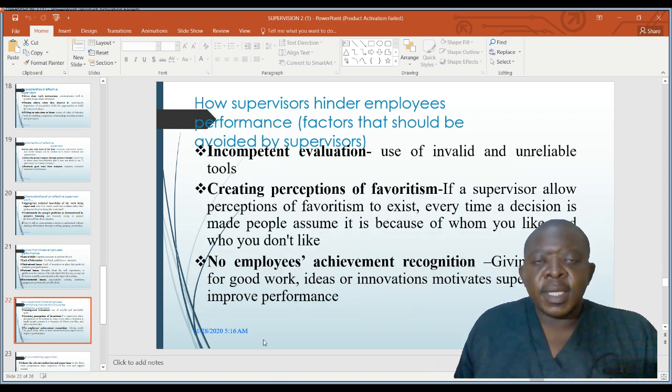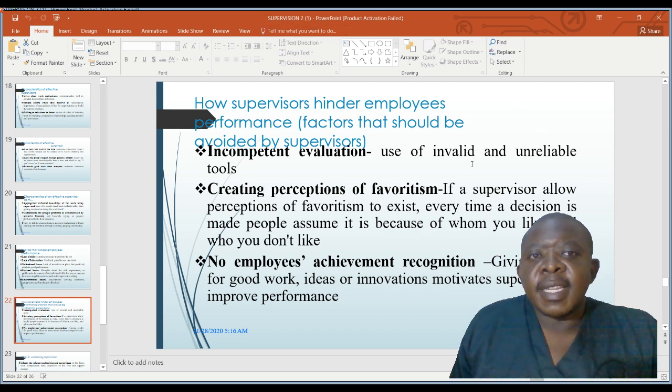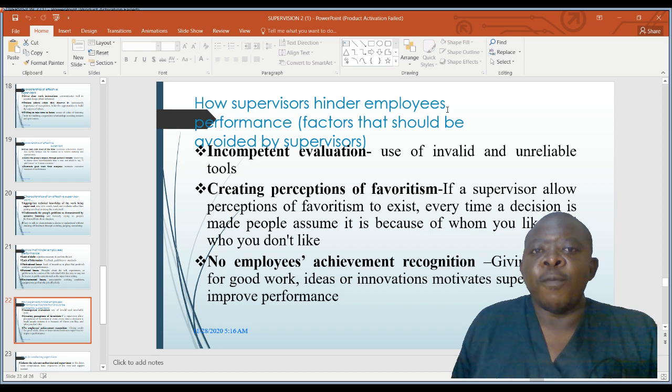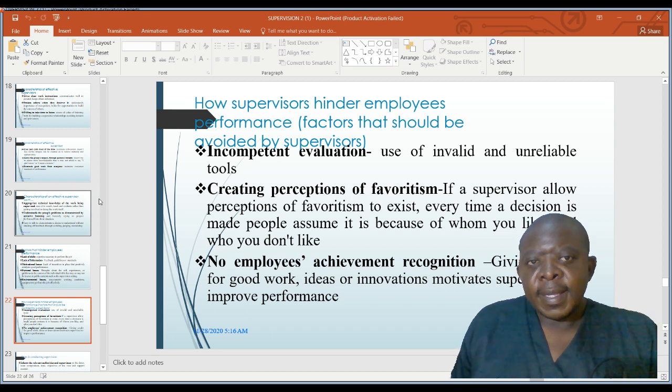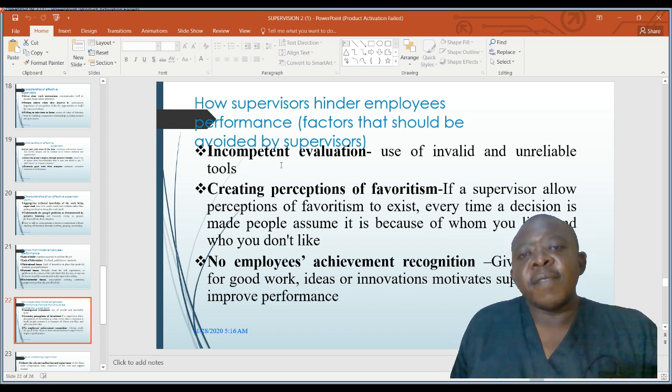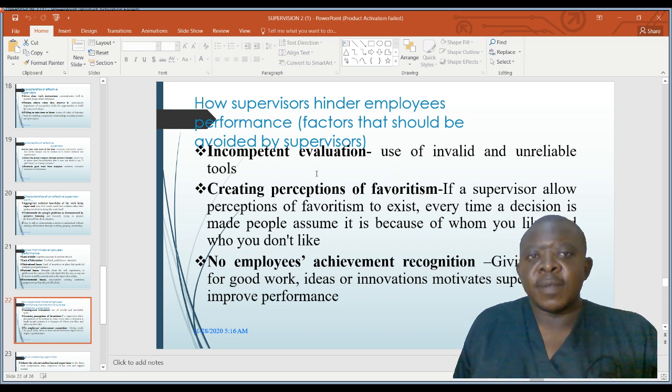Let us now look at how supervisors hinder employees' performance, or factors that should be avoided by supervisors so that productivity is not affected. The first one is incompetent evaluation. By incompetent evaluation, what we mean is the use of invalid and unreliable tools in assessing workers' competence or performance.